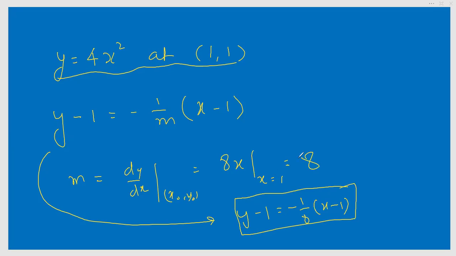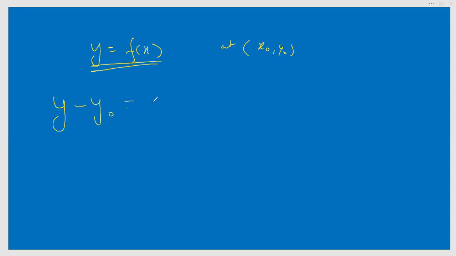Pretty much very simple. So it means that if we have been given a curve y is equal to f(x), and we have to find the equation of tangent or normal at point (x naught, y naught), we will write y minus y naught equals m times x minus x naught.